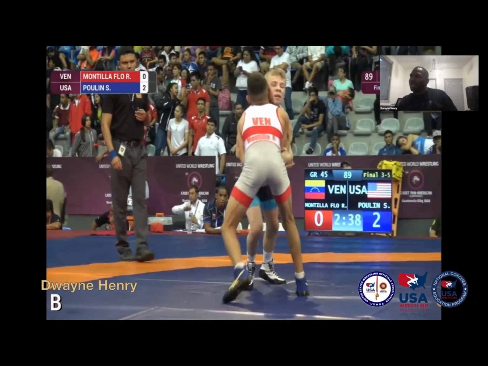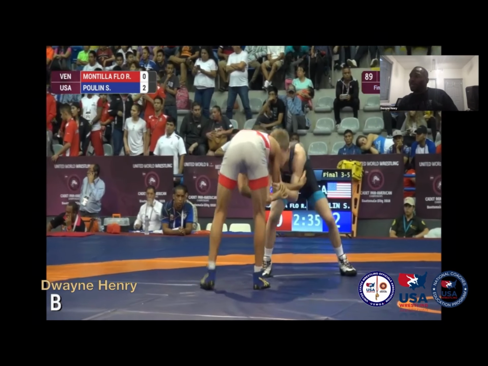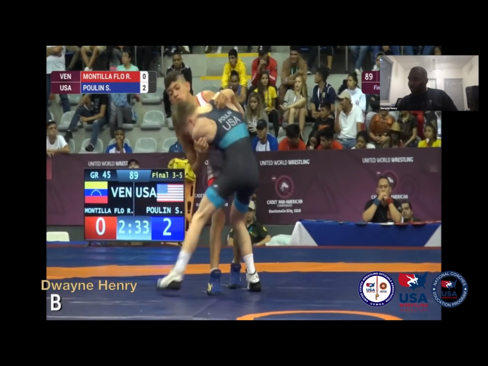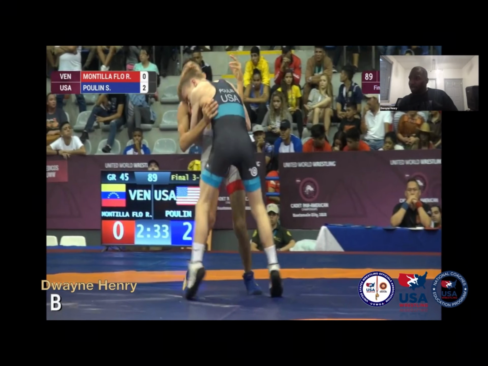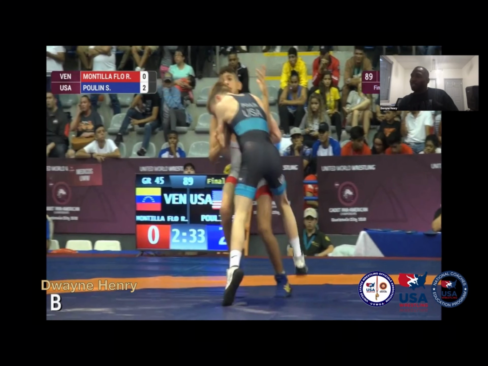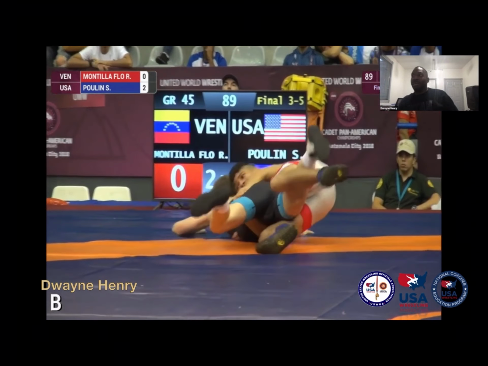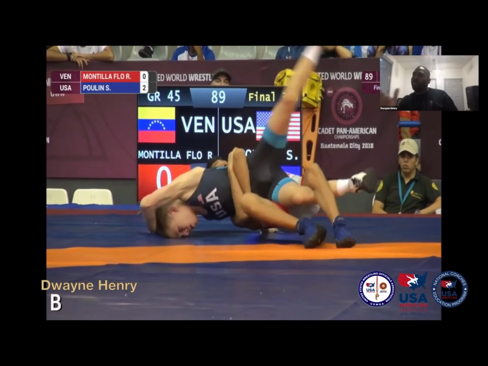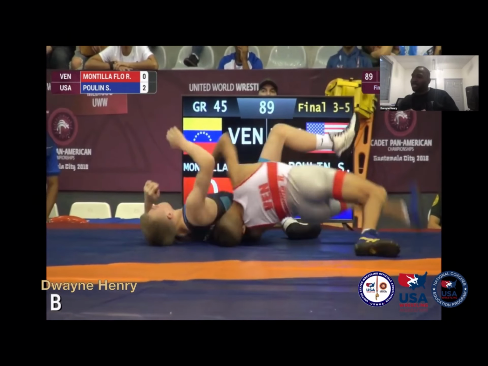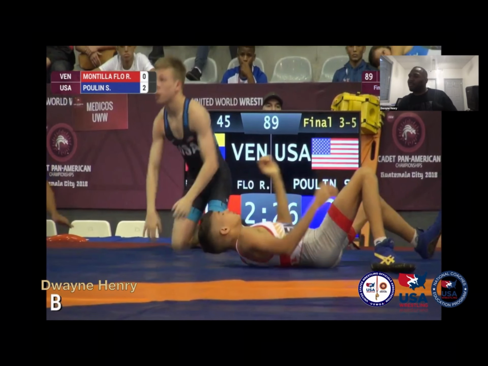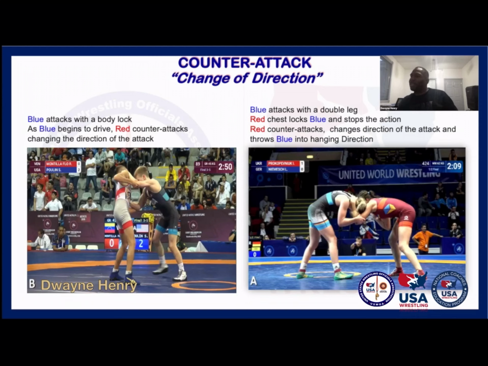Red hits a little lateral drop, ends up slipping out, coming on top, right, and controlling that position. So that was kind of a change of direction, right? So instead of continuing going backwards or driving through them, blue got tossed, didn't end up going to danger, and then red ended up slipping out on top.